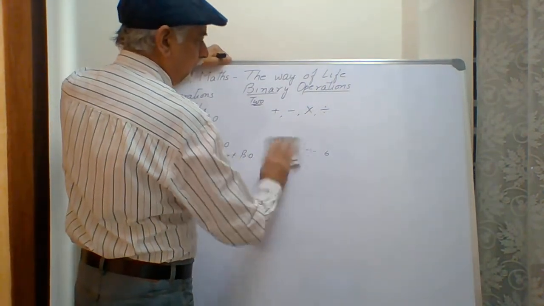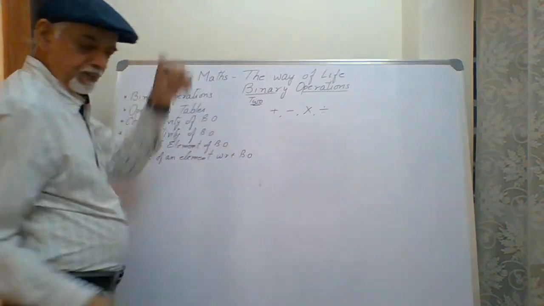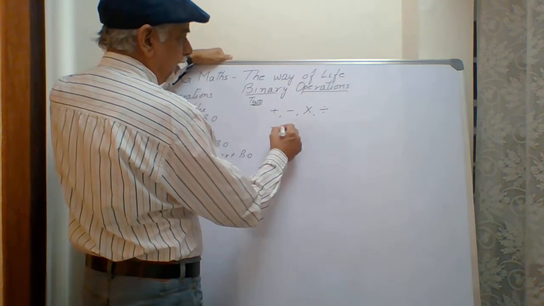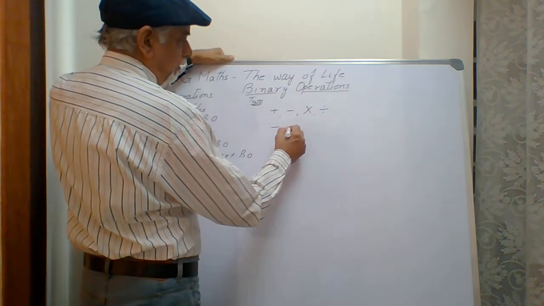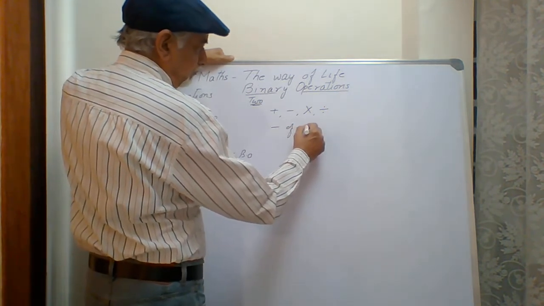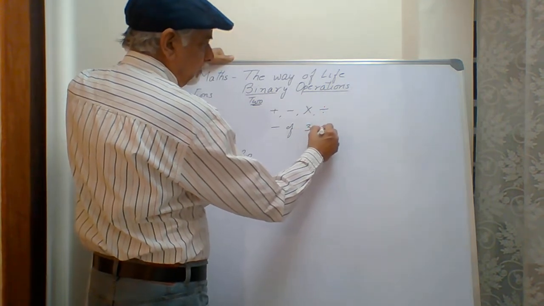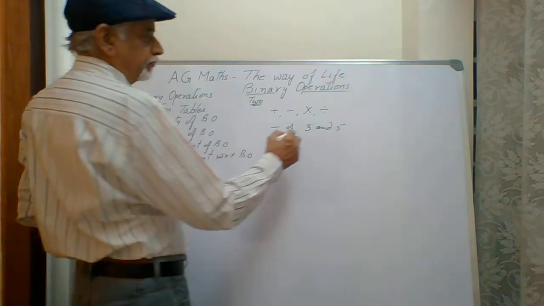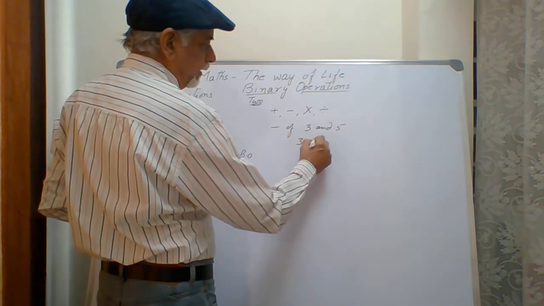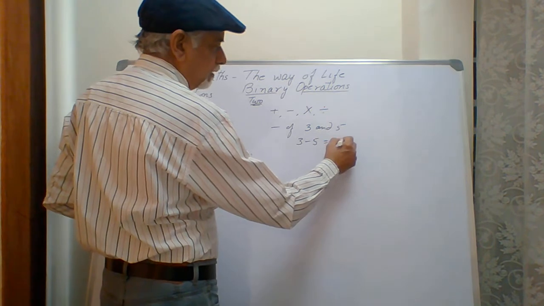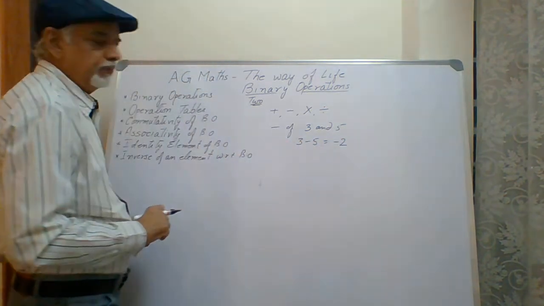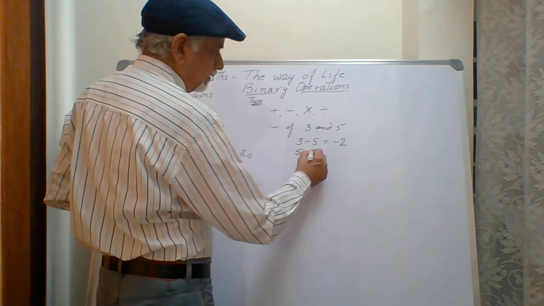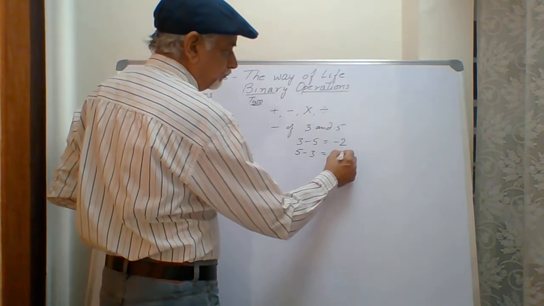What do we do with subtraction? Subtraction is also done in the same manner. If you have a subtraction of, say, 3 and 5, 3 minus 5 is minus 2. Or when I write 5 minus 3, it is plus 2.